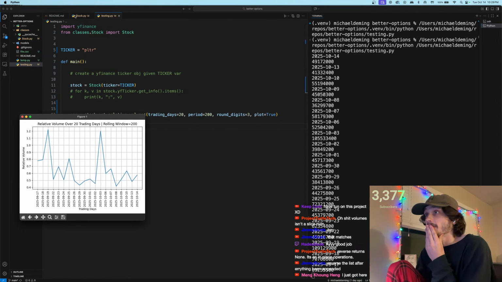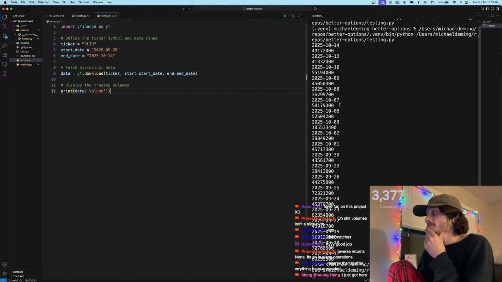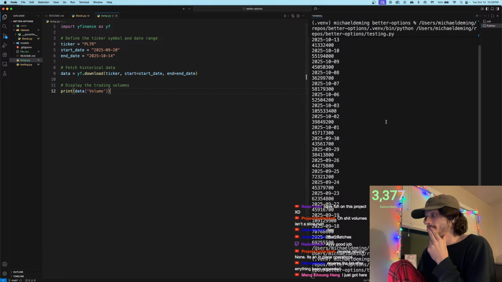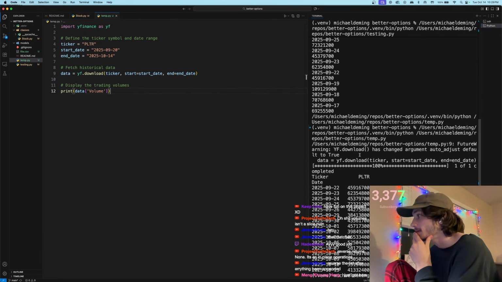Right, cool. And then we go into our temp, which prints out for the ranges. Let's go till 10/14. Print this. Cool. So now let's match these. 922 to 1013.